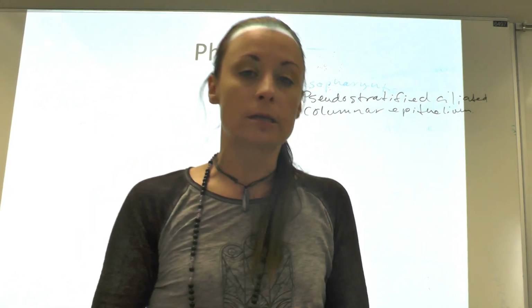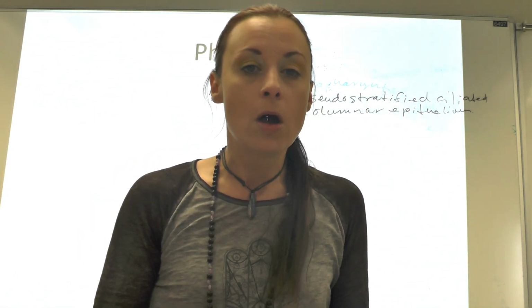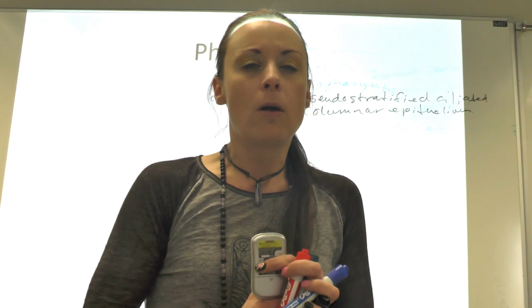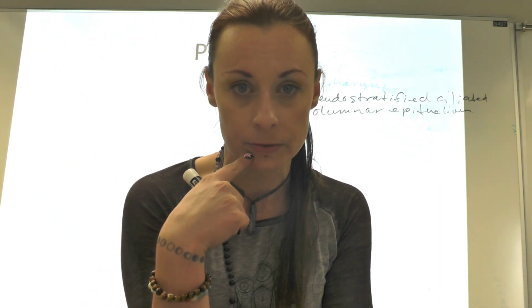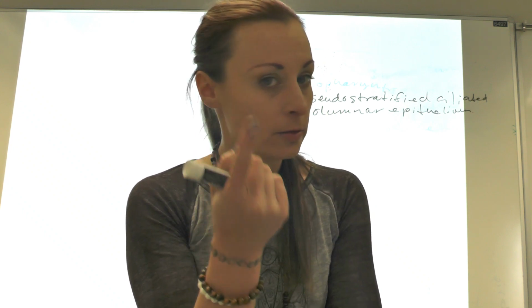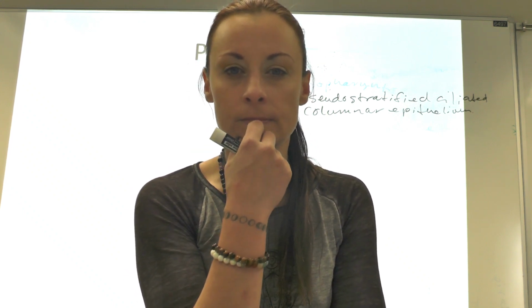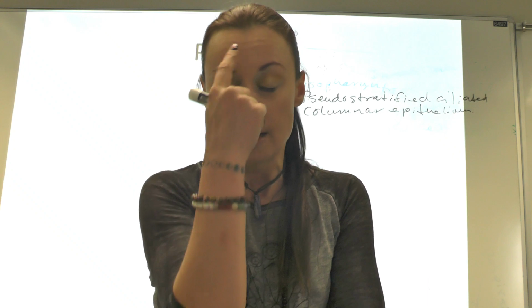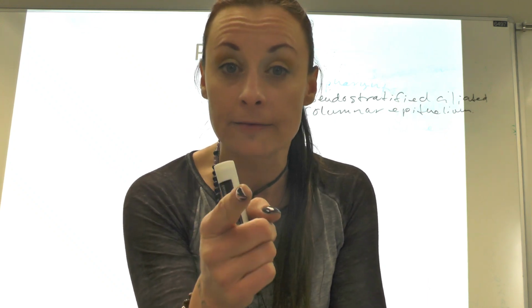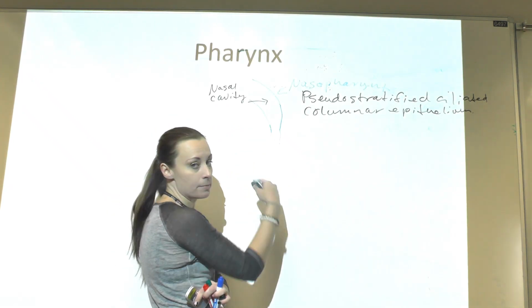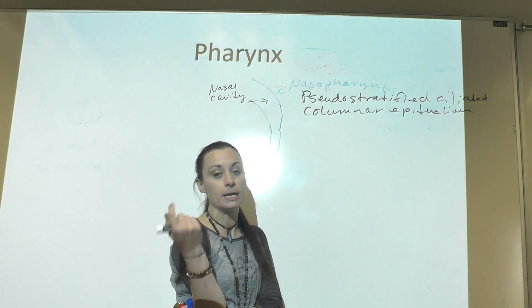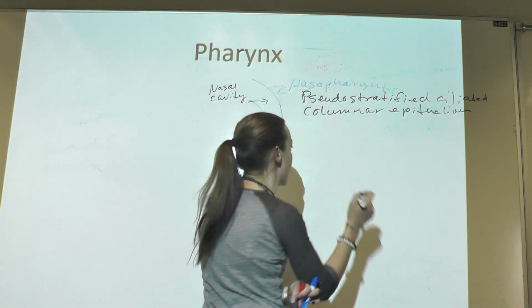The next two regions conduct air and food. So we find a different tissue type there. What tissue type might we find in an area that's going to conduct food? Food is abrasive. Ding, ding, ding, you got it. Stratified squamous epithelial tissue. And since this is a mucous membrane, it needs to be non-keratinized so it can be wet.